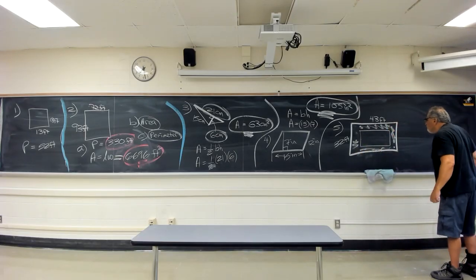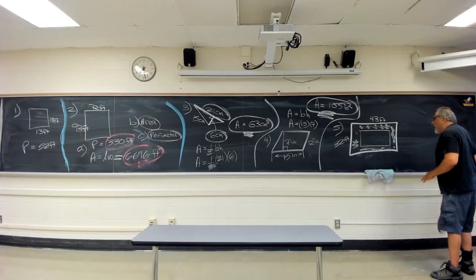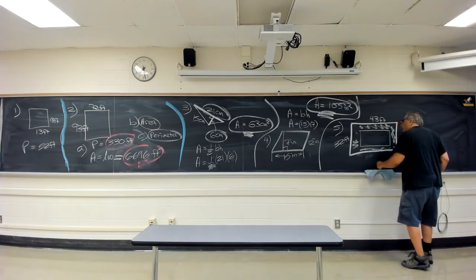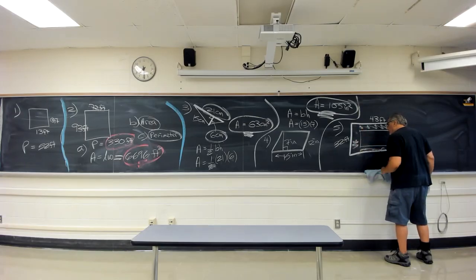Well, there's a number of ways to do this. Probably the easiest way to do it is this. If this right here is 3 feet down and this right here is 3 feet up, 3 and 3 is 6. 3 feet to go up, 3 feet to go down. 3 and 3 is 6. 32 minus 6 is 26.